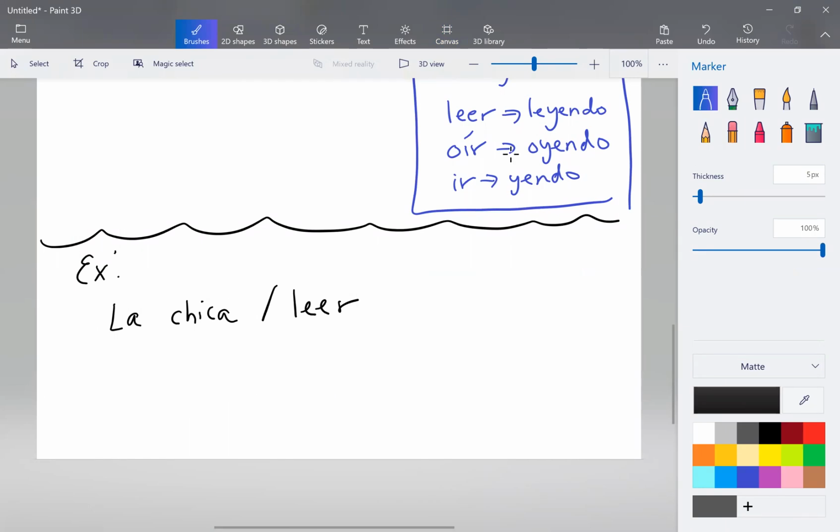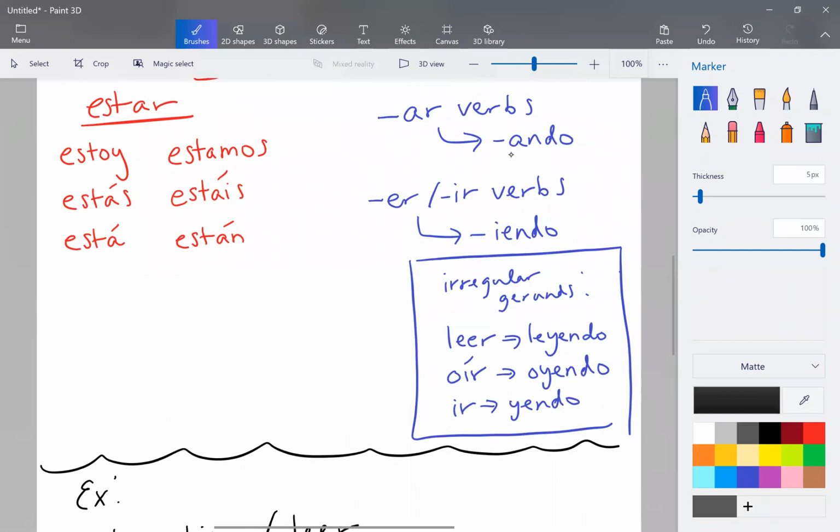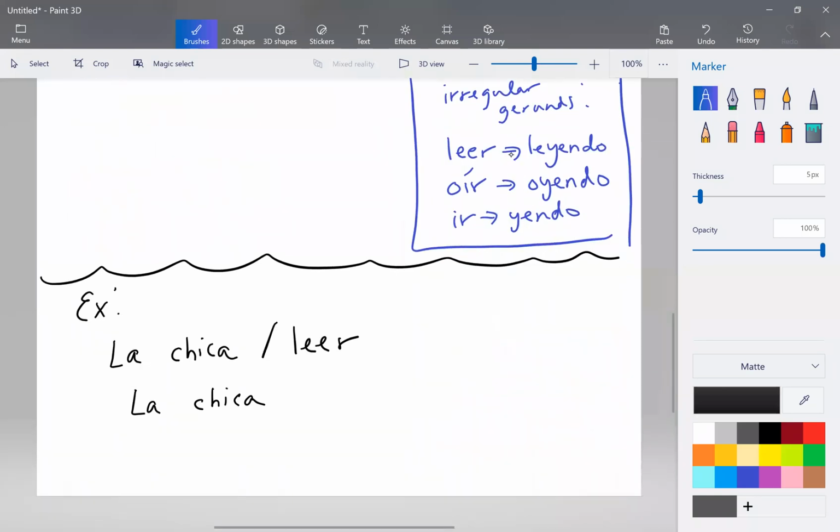So we're going to say la chica, and then we're going to use a version of estar for she. Which one? Está. And the word that we picked, leer, has an irregular gerund. So we're going to see the le, and then we're going to see yendo. And that yendo part is the ing in English.